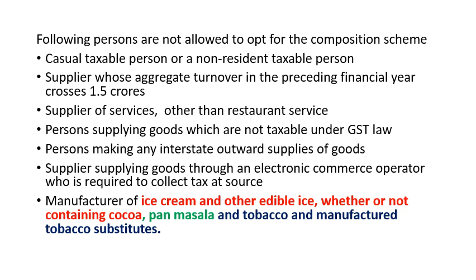Then a supplier of services other than restaurant services cannot opt for the composition scheme. All other services, they have to opt for the regular scheme. Then persons supplying goods which are not taxable under GST law cannot opt for the composition scheme. Then a person making any interstate outward supply of goods cannot opt for the composition scheme.